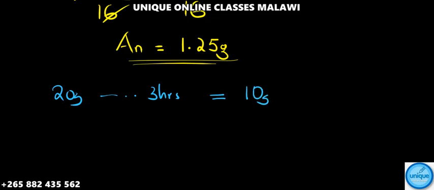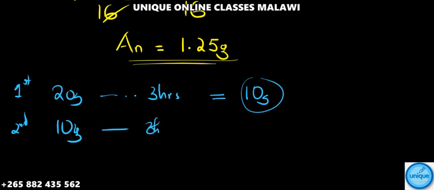This is the first half. For the second half, we are going to have this one as the mass, 10 grams. After 3 hours here we need to find half of 10, and the answer is 5 grams.